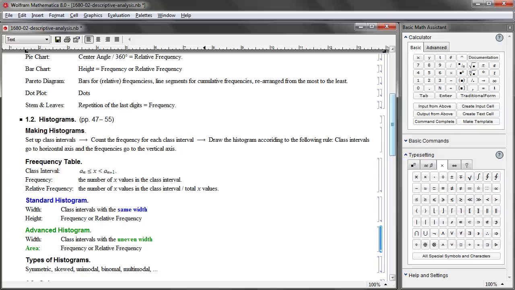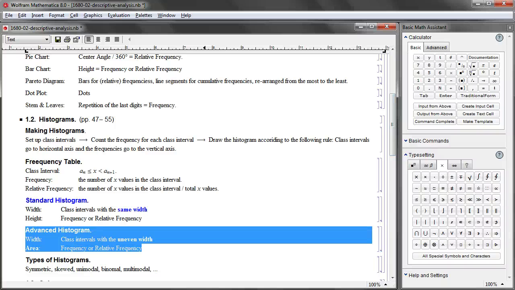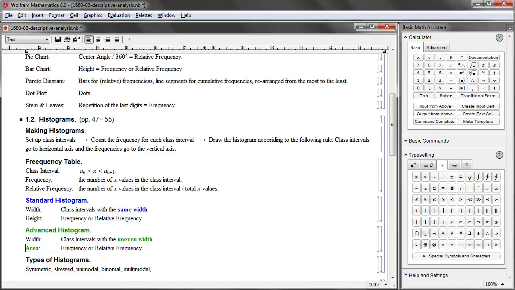In that case, more advanced analysis, more advanced knowledge is necessary, and the starting point is this observation: area corresponds to relative frequency.